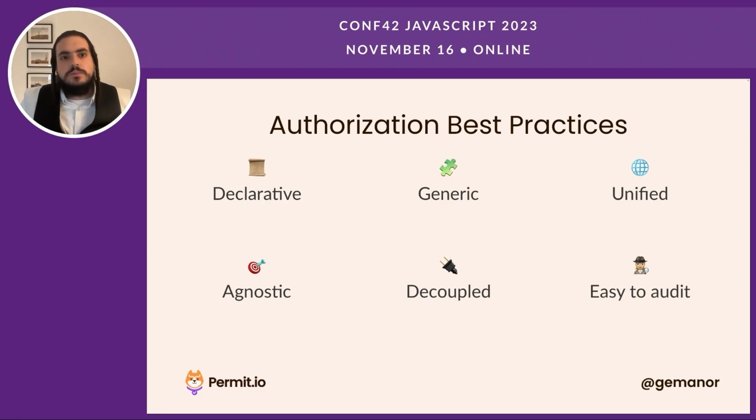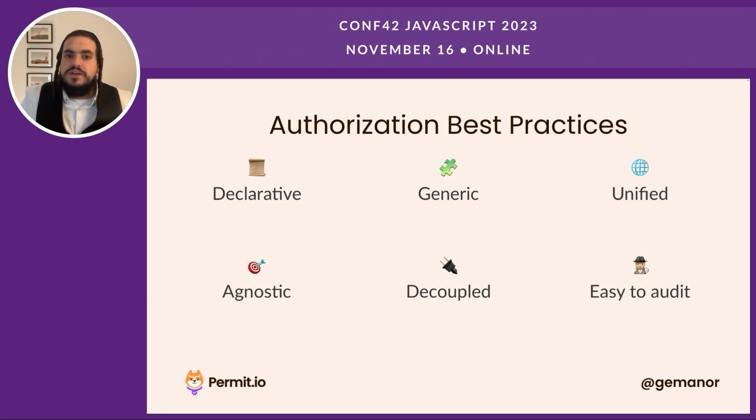A permission decision could be as simple as if is admin, but could be as complex as if is admin and a paid user and owns the document. We want it also to be unified in one place, so we can run it in multiple applications and manage it for multiple environments. We want it to be agnostic to the language that we are using. And because we want it to be agnostic, we want it decoupled from the code.